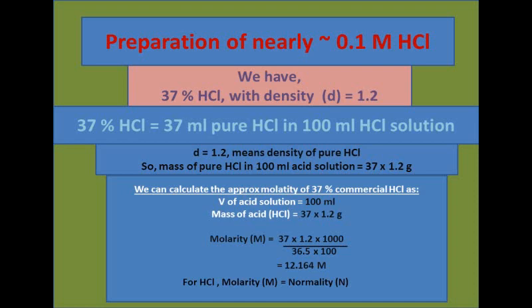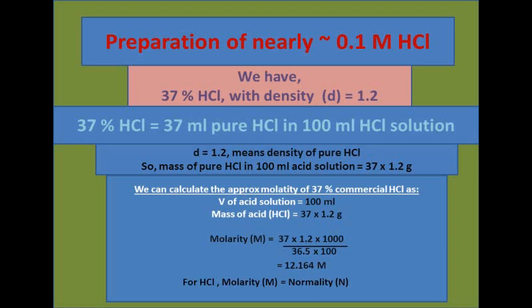Now we can calculate the approximate molarity of the 37% commercial hydrochloric acid as follows. Volume of acid solution is 100 ml. Mass of acid is given as 37 into 1.2 gram. Now the molarity can be calculated with the given formula.